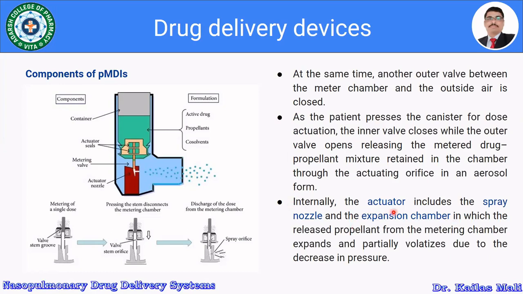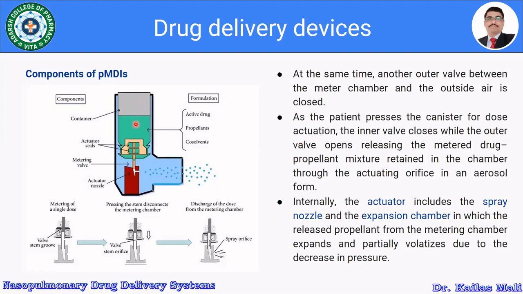Internally, the actuator includes the spray nozzle. So the actuator comprises the spray nozzle and the expansion chamber, in which the released propellant from the metering chamber expands and partially volatilizes due to the decrease in pressure. So these are the components of the pressurized metered dose inhaler.